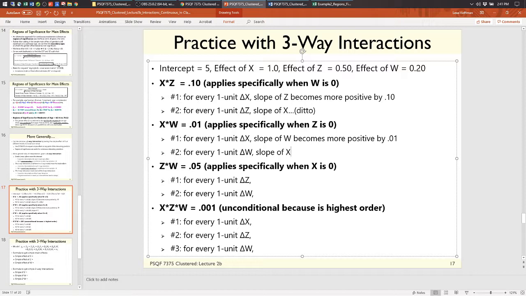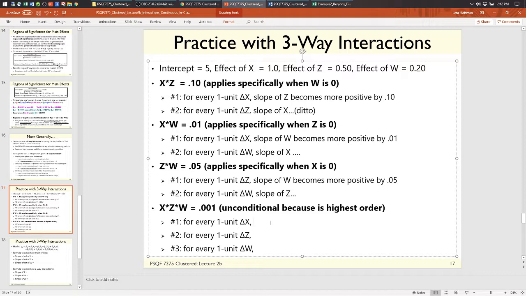X. There's x. Dot, dot, dot. Slope of w becomes more positive by 0.05. This one, z, dot, dot, dot.